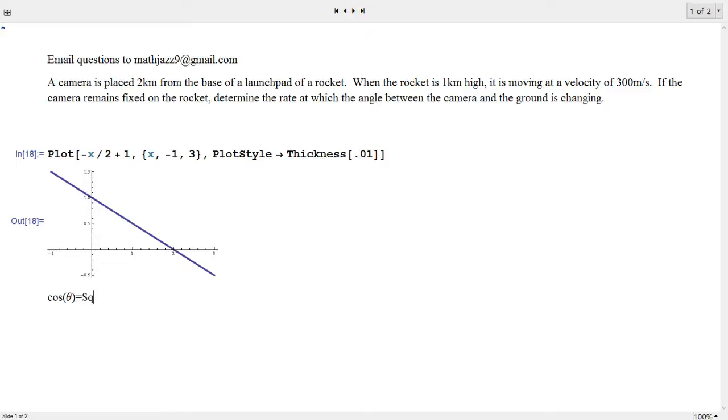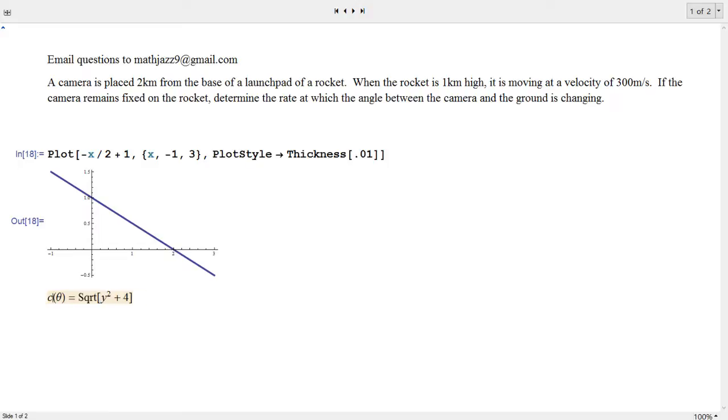So we get the square root of the height of the rocket squared plus the distance from the launch pad to the camera, which is going to be 2, and we square that, so we'll get 4. So this is going to be the length of the hypotenuse, and we'll divide that by 2, which is the length of the adjacent side. Sorry, let's switch that.